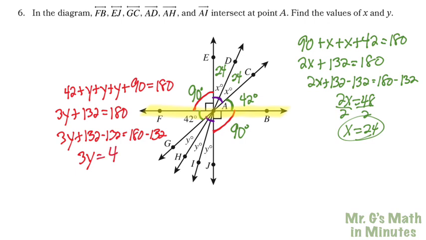But this time it's being divided by 3. So 48 divided by 3, y is equal to 16. So each of these y's is equal to 16. And if you do 16 plus 16 plus 16, that's equal to 48. 24 plus 24 is 48. So these x's and these y's were actually, like I said, vertical angles.